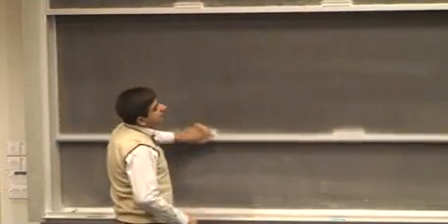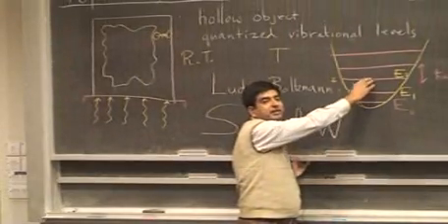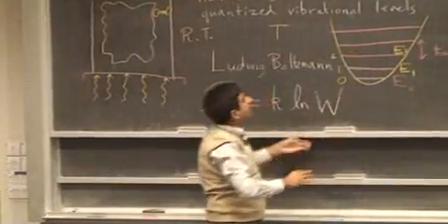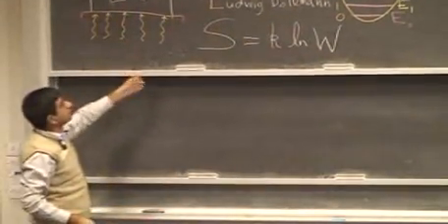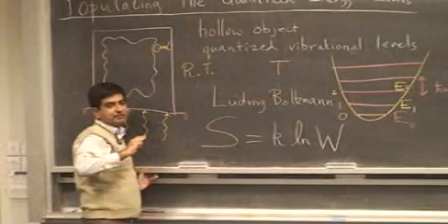Suppose you have all of these levels: E0, E1, E2, E3, and the object as a whole is at a temperature capital T, and this is an absolute temperature.